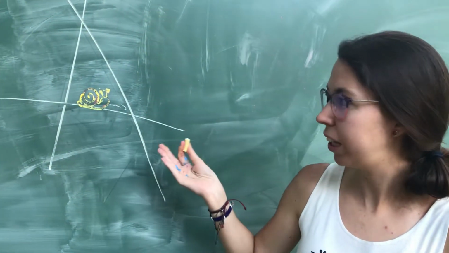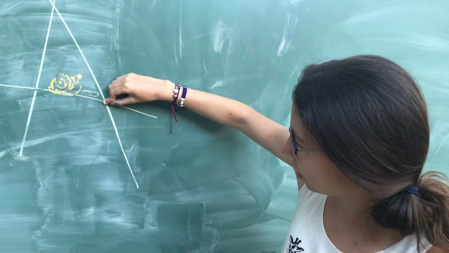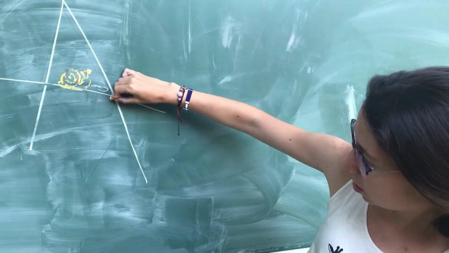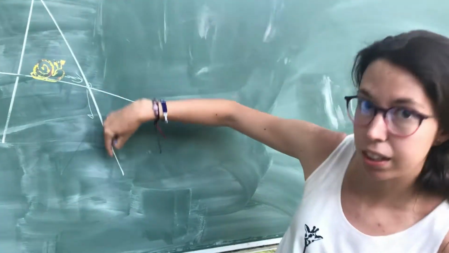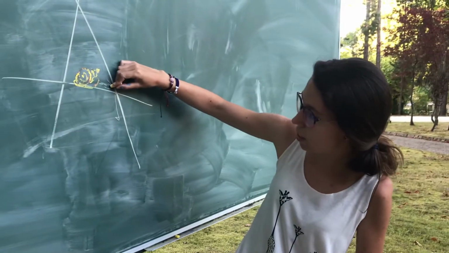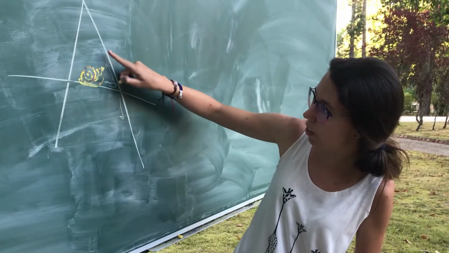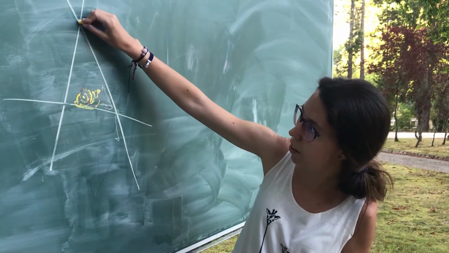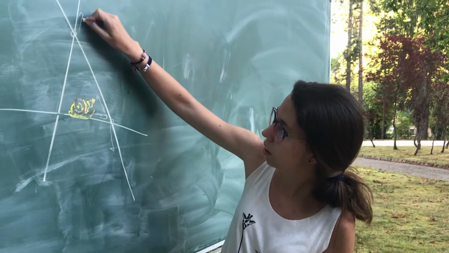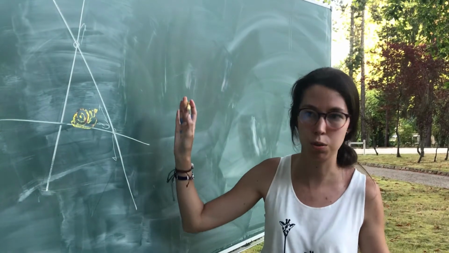Okay, now what can we do? He arrives at the crossing. He can either turn right, then he goes in this direction and gets lost. So, no solution. Or he turns left, he goes in this direction, again he arrives at the intersection, he turns right, he gets lost, no solution.